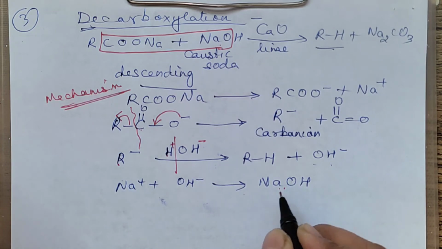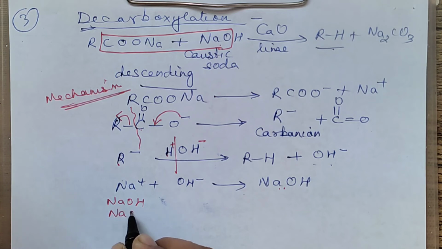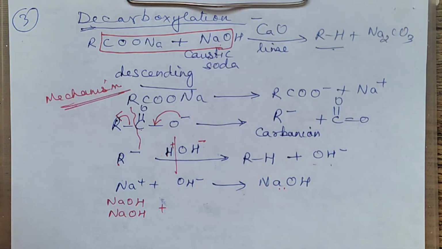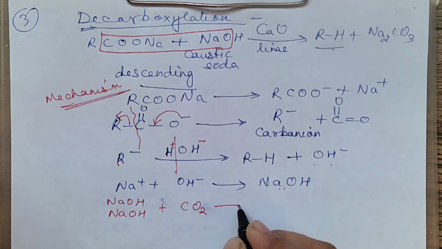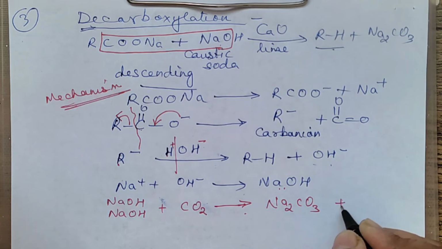This NaOH plus that previous NaOH which we took, both will combine with the carbon dioxide which was formed here as one of the products, and will result in the formation of sodium carbonate, Na2CO3, plus water is again obtained back. That is the hydrolysis we carried out.